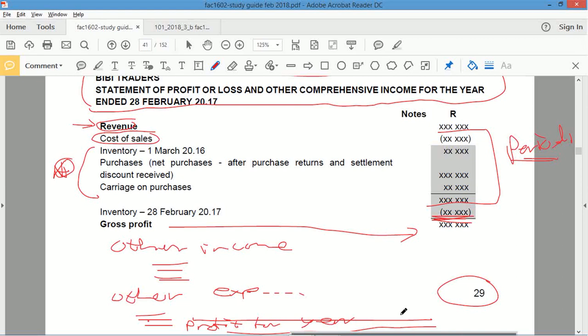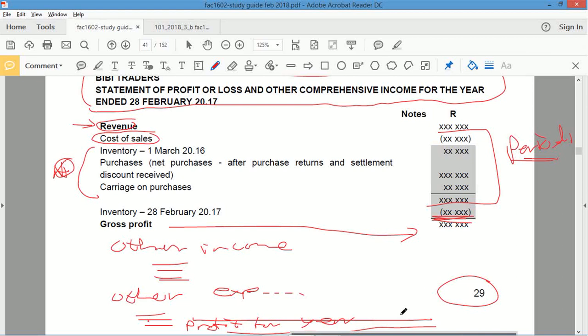What other income and expenses do you get? Expense: stationery, yes, good. Telephone, yes. Electricity, yes.